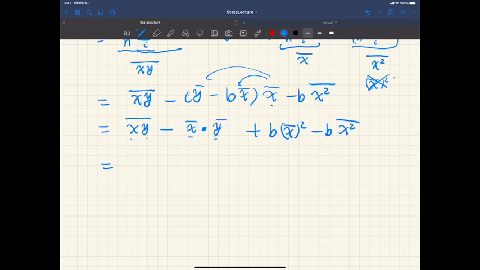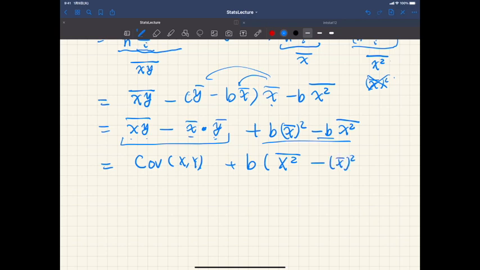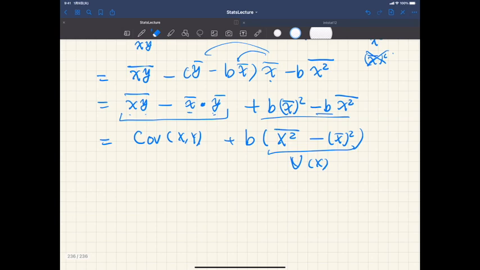So do you see something familiar here? This is actually the covariance of x and y. Actually, this is sample covariance. And this one, if you factorize b, is equal to b times x squared bar minus x bar squared. So this is the variance of x, right? Oh, this should be a negative sign here.